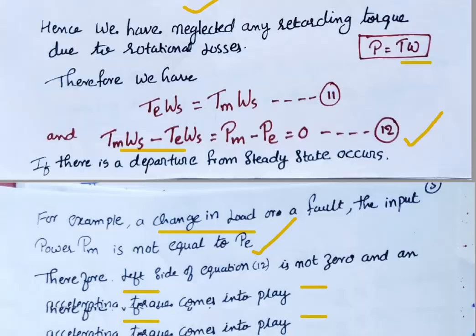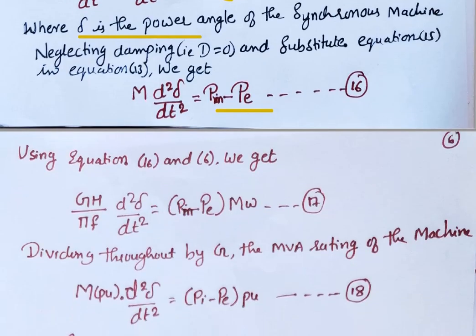Using both equations, instead of M we will place GH by pi f, so GH by pi f times d square delta by dt square equals Pm minus Pe in megawatts, dividing throughout by G, the MVA rating of the machine.